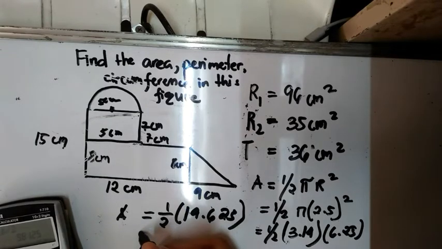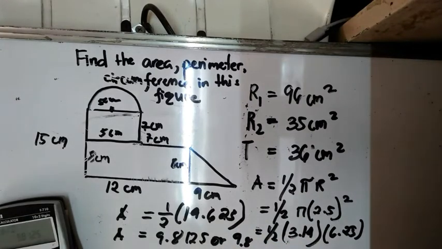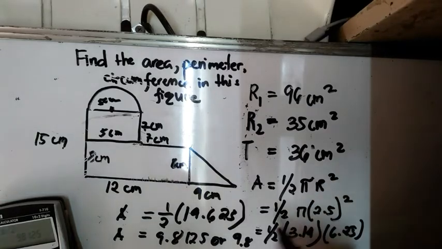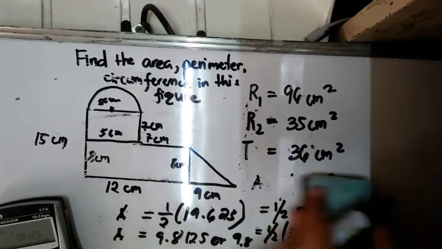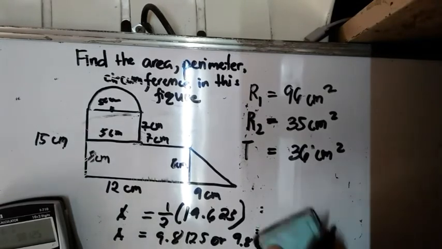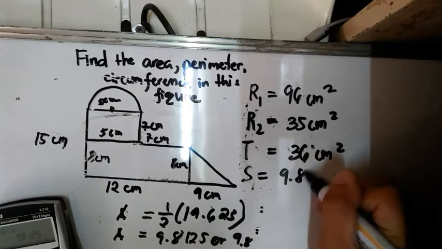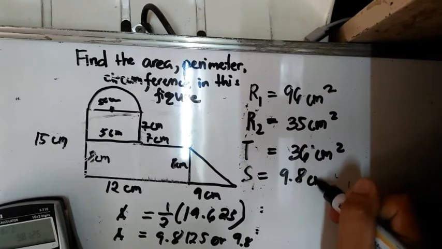The area is 9.8125, or 9.8. So the area of our semicircle is 9.8 centimeters squared.